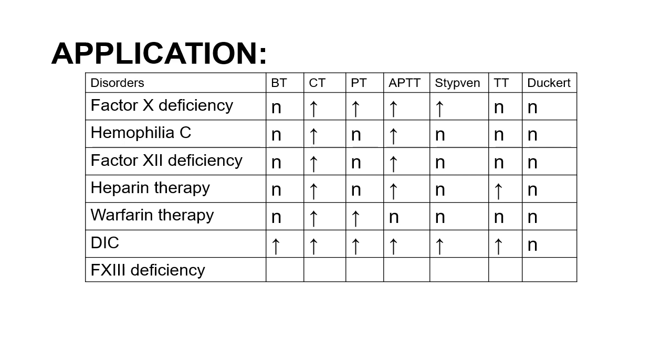Sa DIC naman, DIC is a problematic condition. Lahat derange. Okay? Kasi it affects all. May platelet consumption, uubusin niya yung platelets mo. Okay? So, prolong din ang BT. Uubusin din niya yung mga clotting factor. So, halos lahat derange, except your Duchert's test.